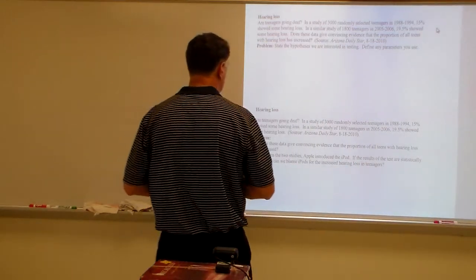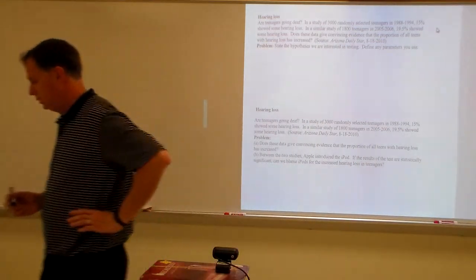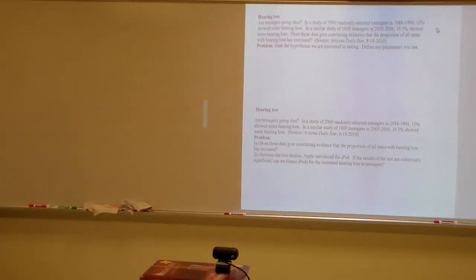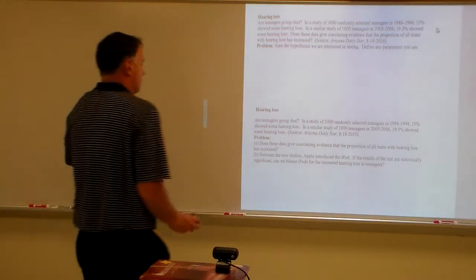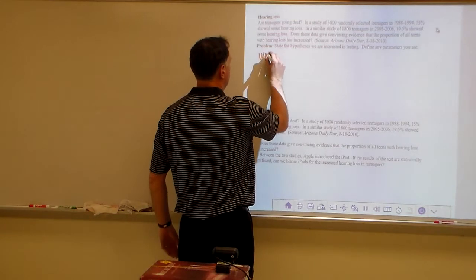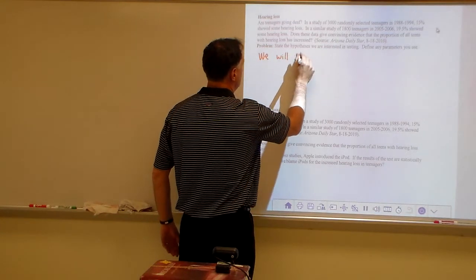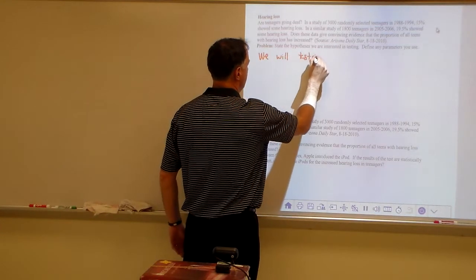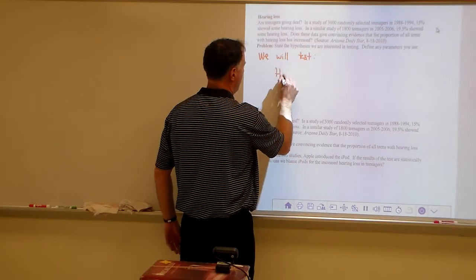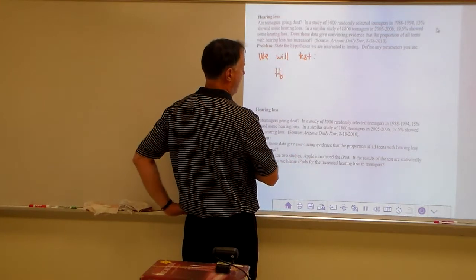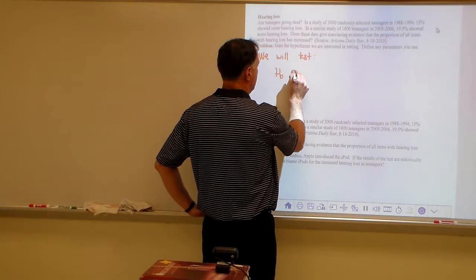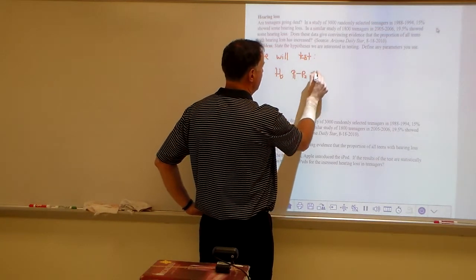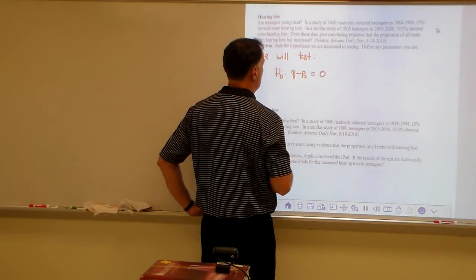So, what are we going to say for this? What did we talk about? We talked about, we will test. That was our terminology. We will test. And then we come up with our null hypothesis, and we say P1 minus P2 is equal to 0.